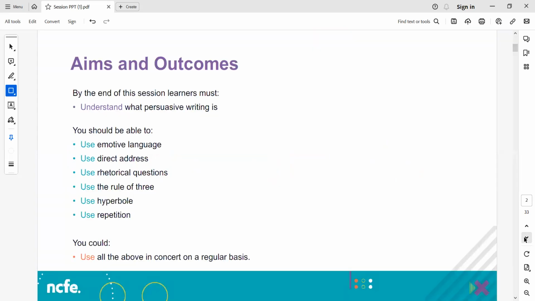By the end of this session, you must understand what persuasive writing is and should be able to use emotive language, direct address, rhetorical questions, the rule of three, hyperbole and repetition. And you could be able to use all the above on a regular basis.